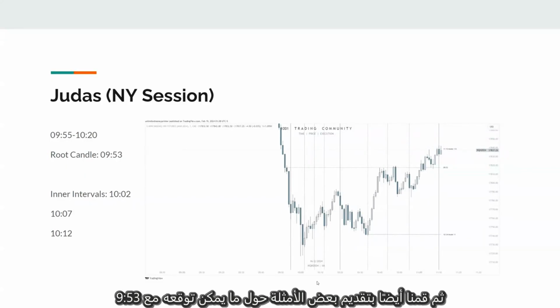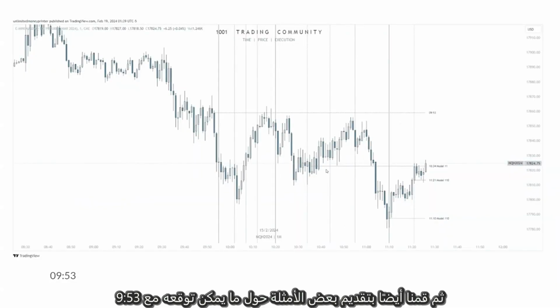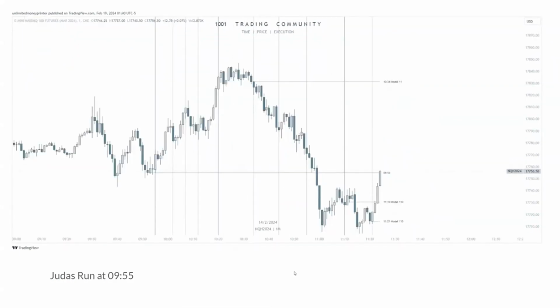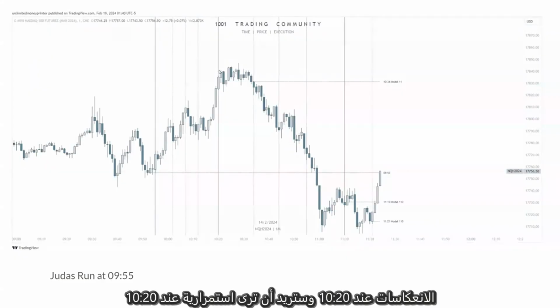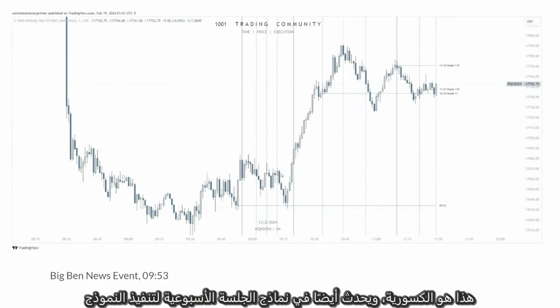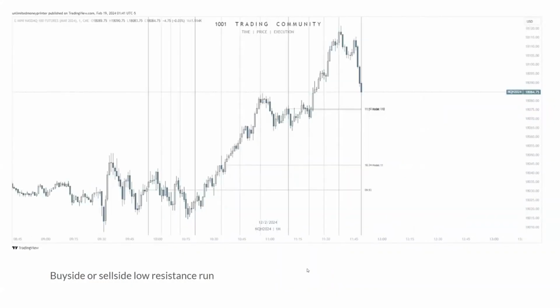We then also went over a few examples as to what to expect with 953 and how to expect continuation with time and price of 953. Reversals at 1020, and you're going to want to see continuations at 1020. The low resistance buy side, easy setup, bread and butter setup for Judas. This is fractal. It happens on the weekly session models too for Iscariot model.